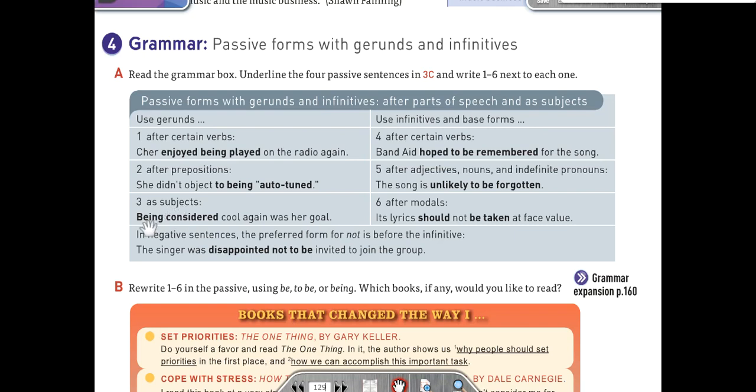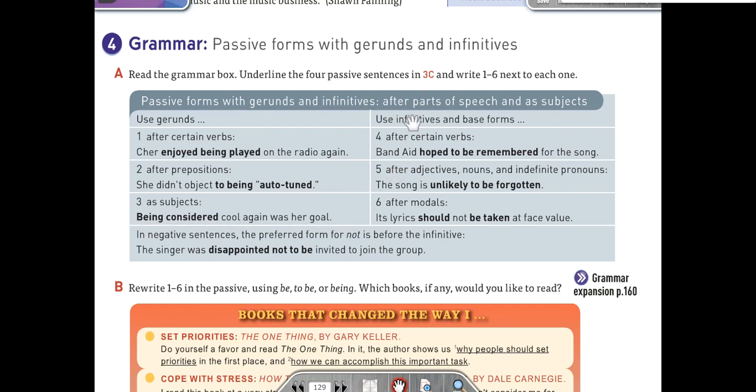Entonces, this is a subject, ya no se convierte en un verbo, sino it is a subject. Normally, we begin with the subjects in the first part of the sentence. So, being considered cool again was her goal.